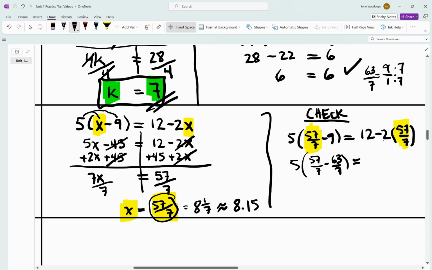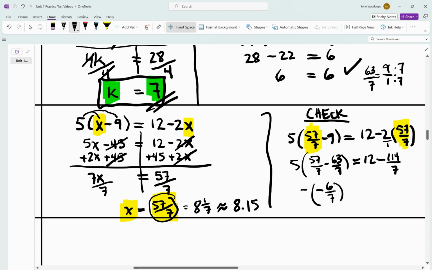And then over here I've got 12 minus 2 times 57 sevenths. 2 is the same as 2 over 1, so you just multiply across, numerator with numerator, denominator with denominator. 2 times 57, 57 doubled, would be 114 sevenths. And that's subtracted. 57 minus 63, that would be negative 6 sevenths.